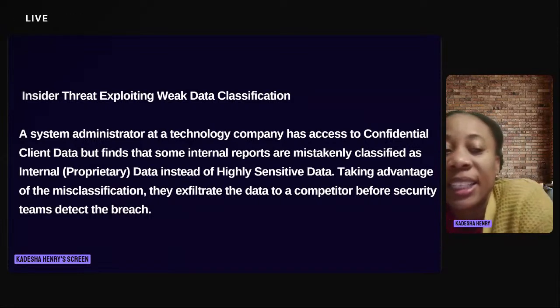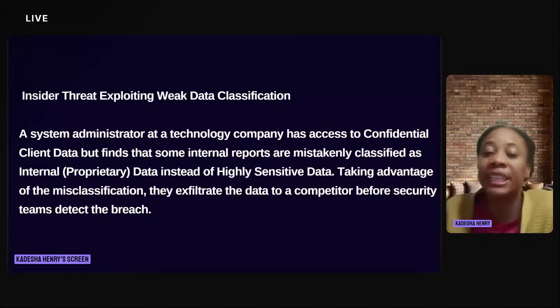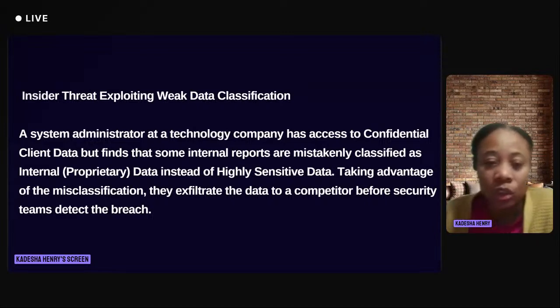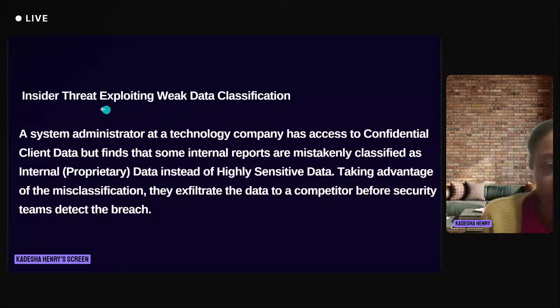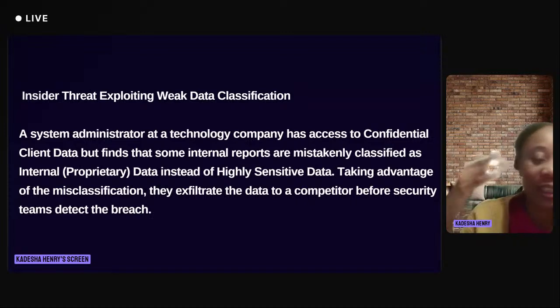So let's look at the insider threat. Sorry, I keep saying exposing. It's exploring insider threat, exploring weak data classification. Exposing, probably in my mind, the whole cybersecurity, exposing, exploring.